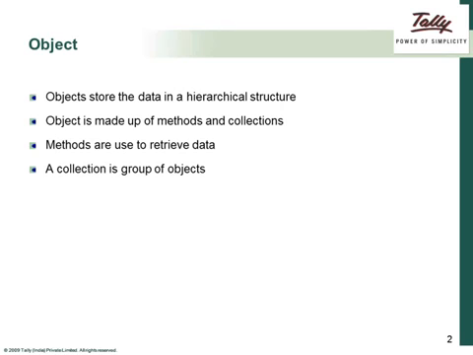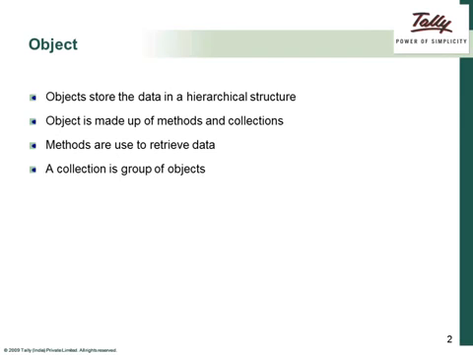So a little vicious circle, because I just said an object is made up of methods and collections, and a collection is a group of objects, right? So it's looking like a very vicious circle. So let me reframe my sentences on this. A primary object stores data in a hierarchical structure or a tree-like structure or an organization chart kind of structure.